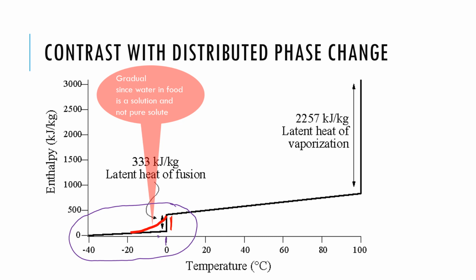The distributed phase change is more normal, but the formulation of distributed phase change can get complex, and so this sharp interface phase change is an assumption that can give us a lot of the physics and a reasonable estimation of time, but without some of the complications.